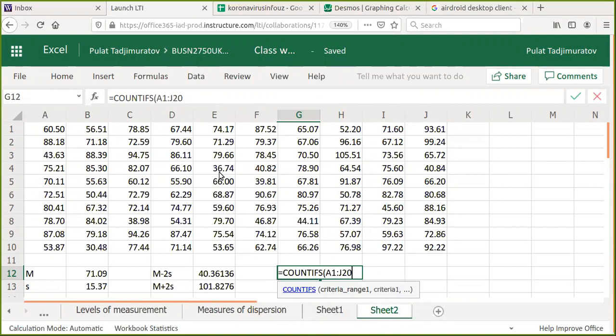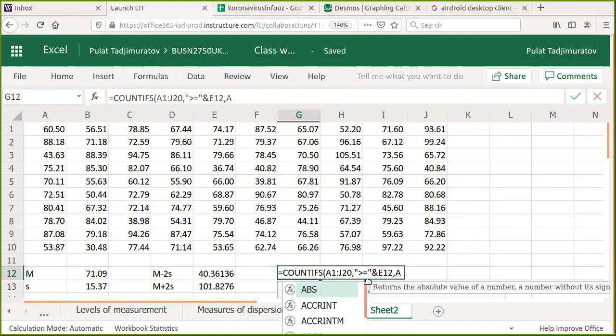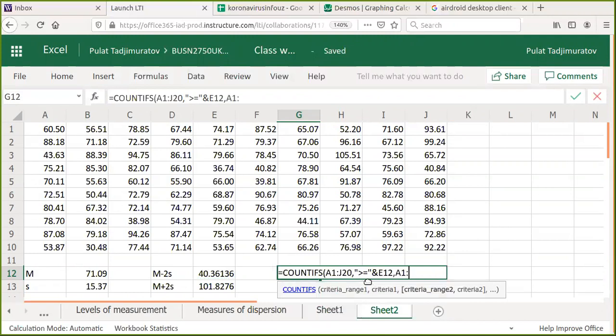So I'm just telling Excel, count everything between A1 and J20, which is more than or equal to whatever is in this cell E12, and whatever is smaller than or equal to this.